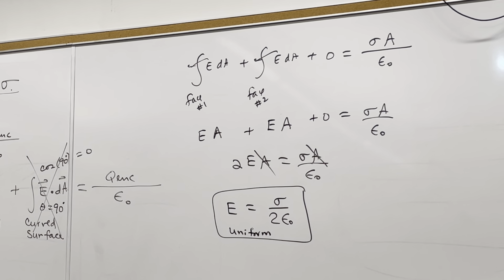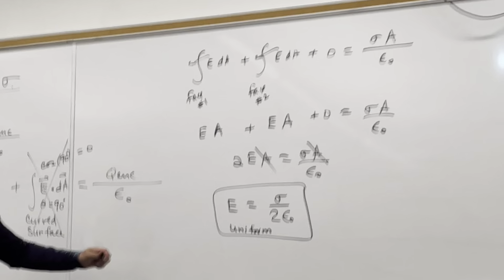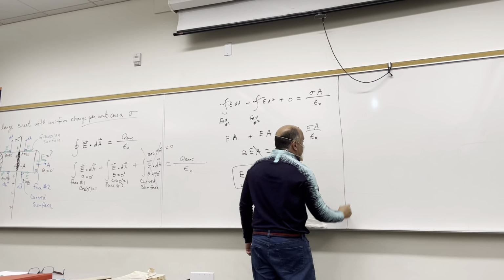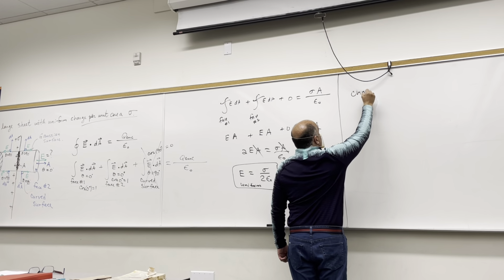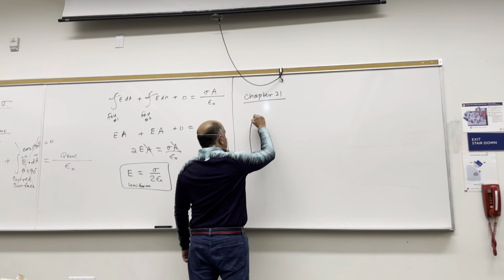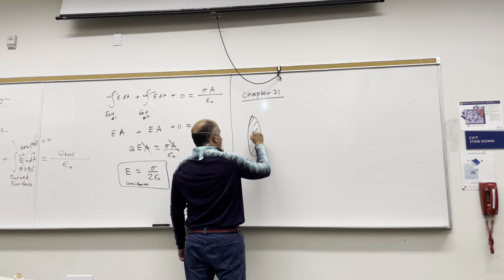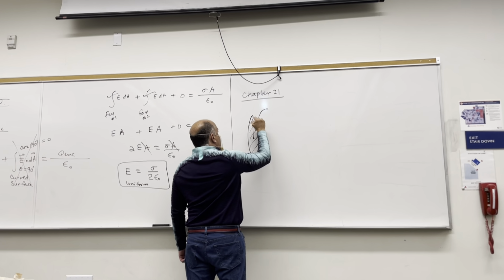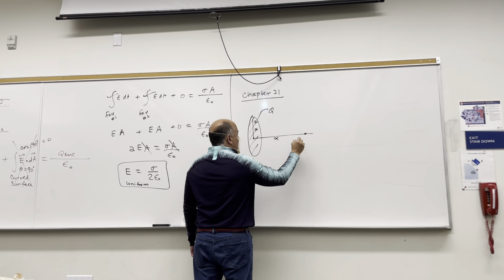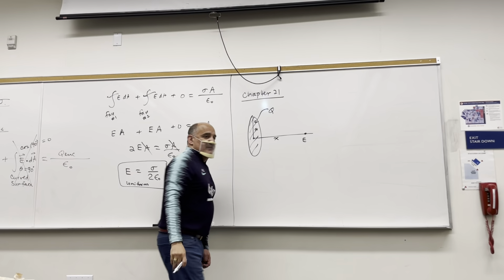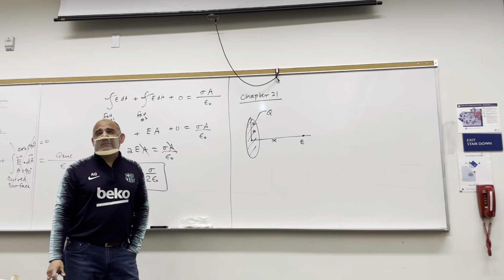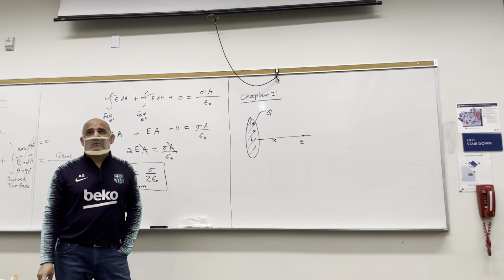Now, look in your notes, when we were in chapter 21, we solved this problem of a disk, radius A, total charge Q, and we found the electric field somewhere on the axis of that disk. I don't remember though.